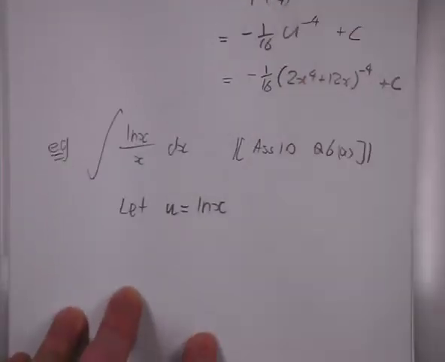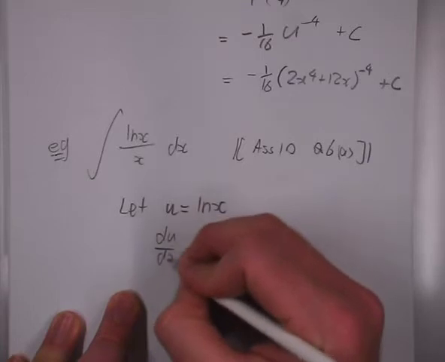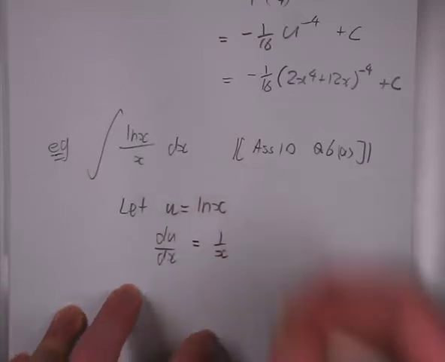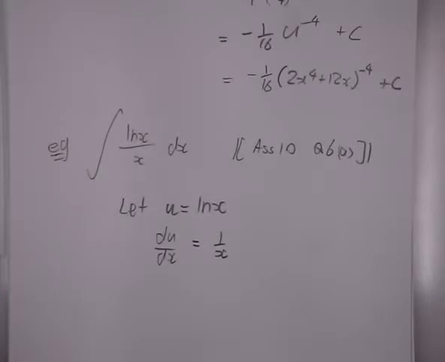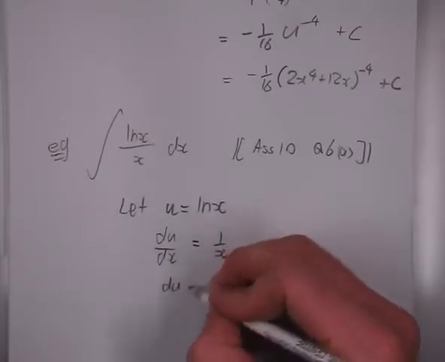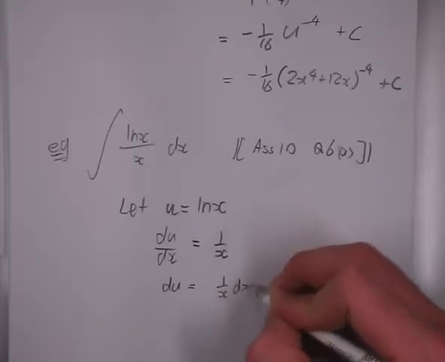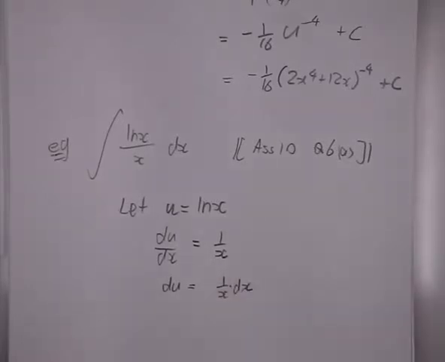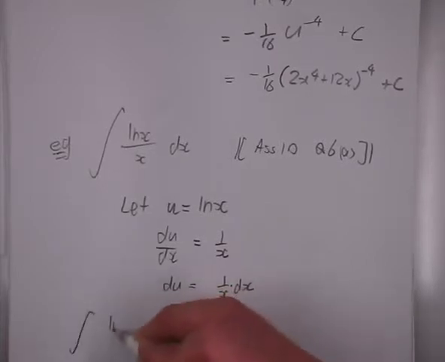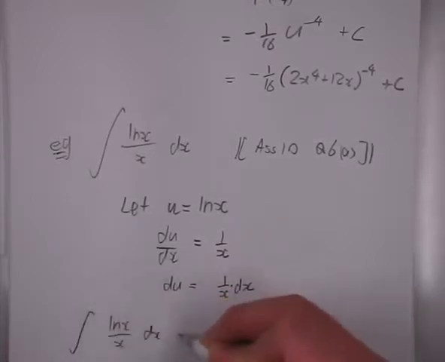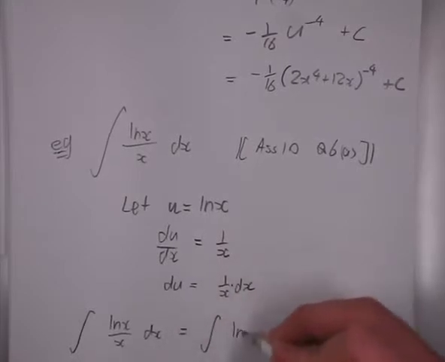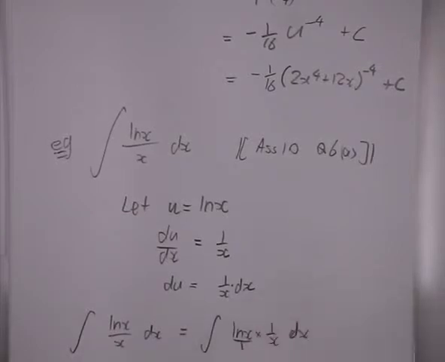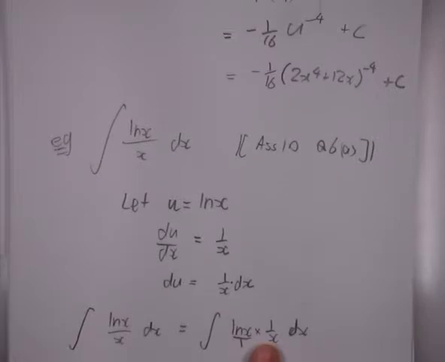Okay, so u is equal to ln x. So du on dx is 1 on x, because that's the derivative of ln x. So if I want to separate all the u's and the x's like that, that's really useful because I actually have a 1 on x dx here. If I rewrite my original integral, if you think about it, that's the same as ln x over 1 times 1 over x.